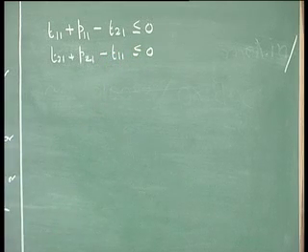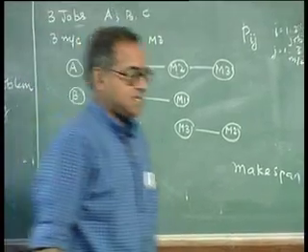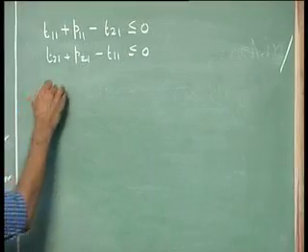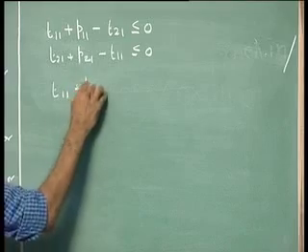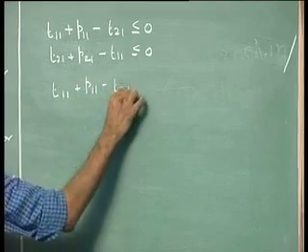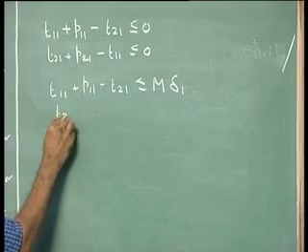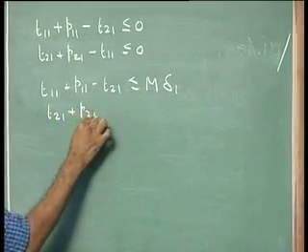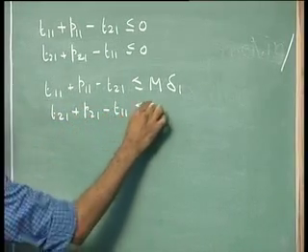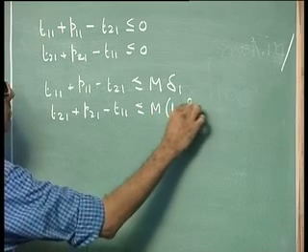First thing you have to do is to write them as less than or equal to 0, and then you write this as T11 plus P11 minus T21 less than or equal to M delta 1, and T21 plus P21 minus T11 is less than or equal to M into 1 minus delta 1.